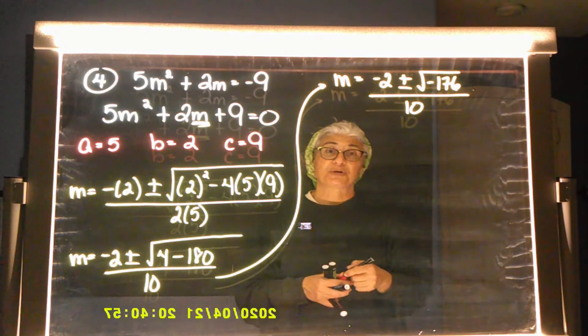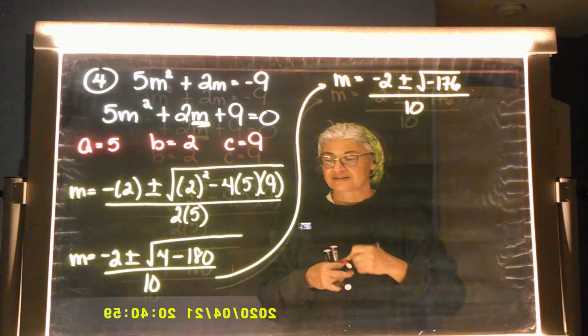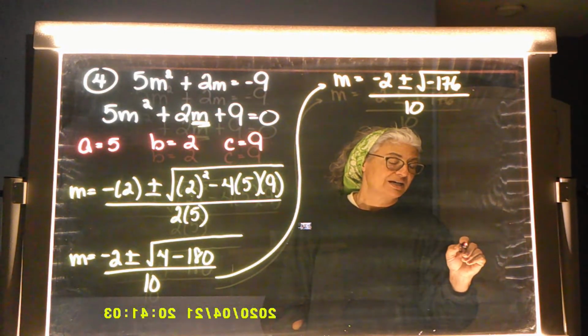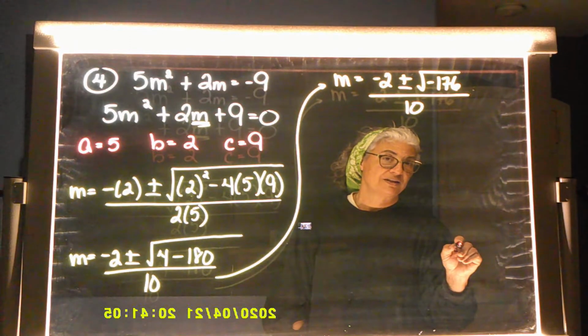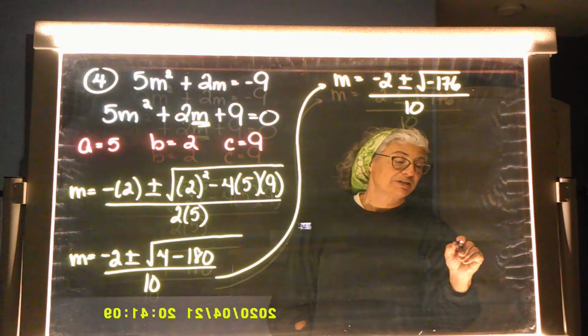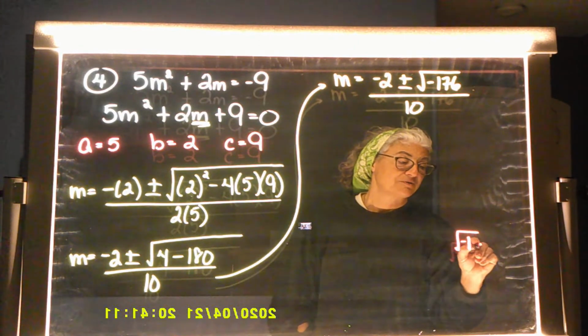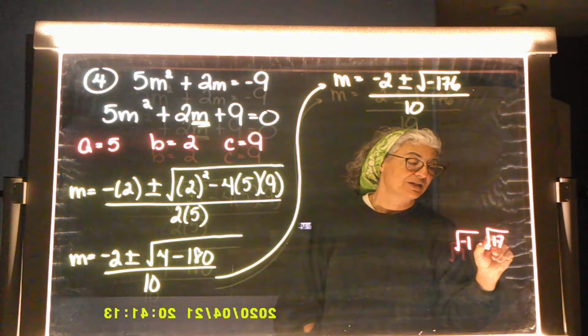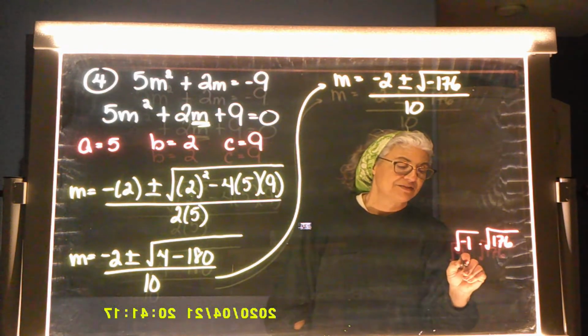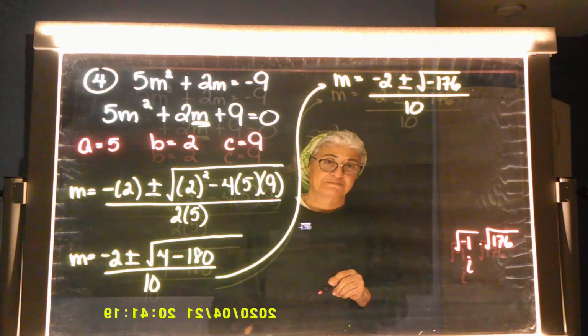Okay, you need to remember how to do that, right? All right, so I'm going to carve out some space right here for myself. The square root of a negative 176, first off, pull the negative 1 apart from the 176, right? Okay, and this is going to be an i, isn't it?